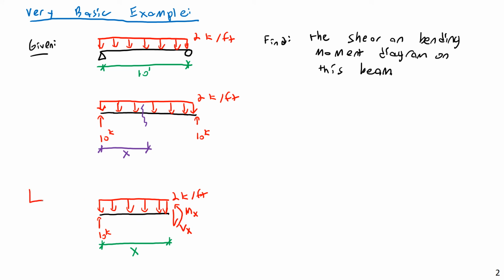Positive shear is where you have a downward force on the right-hand side of a member and an upward force on the left-hand side of a member. This is negative shear, where you have a downward force on the left-hand side of an element and an upward force on the right-hand side of the element.